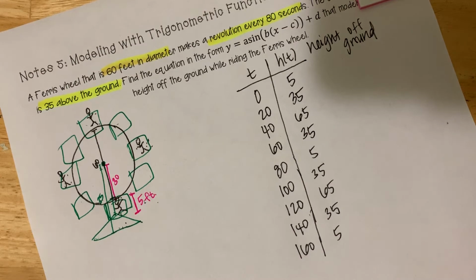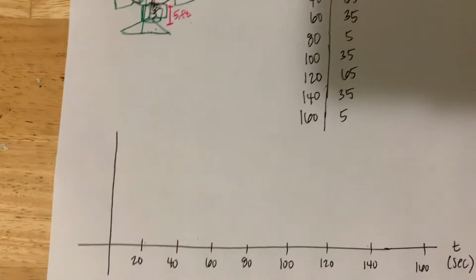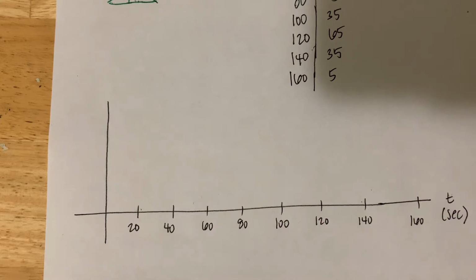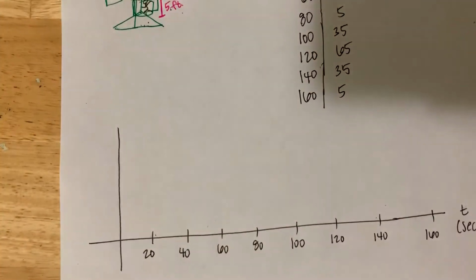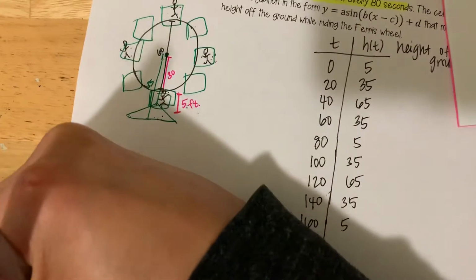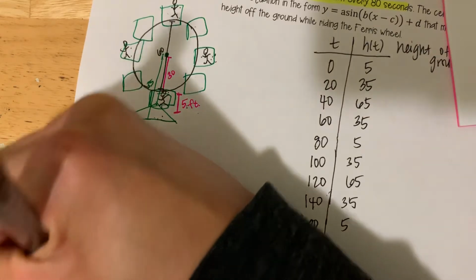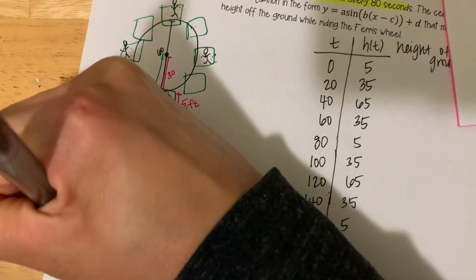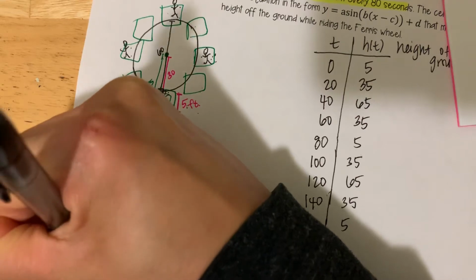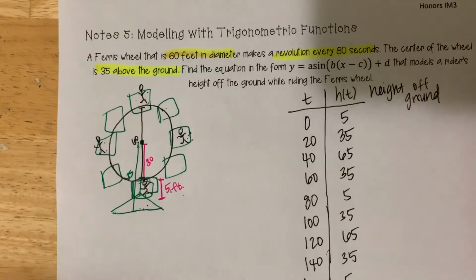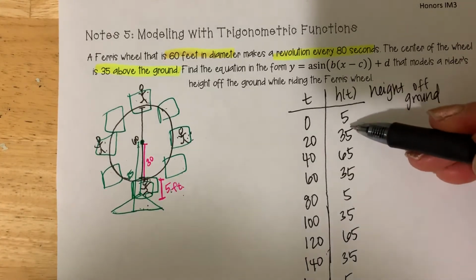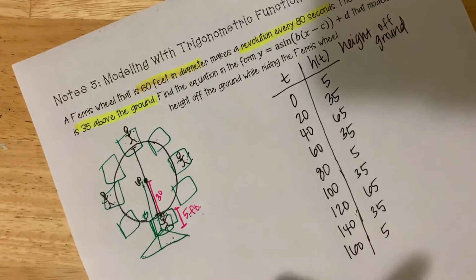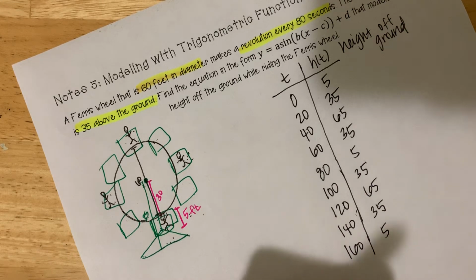Our x-axis represents t, which is time, in seconds. Our y-axis is our height off the ground. And our lowest height is 5, our highest height is 65. So let's see here, 10, 20, let's scale up by 5s.